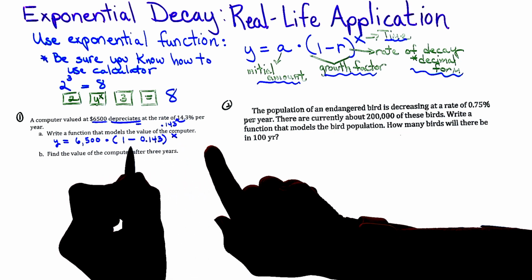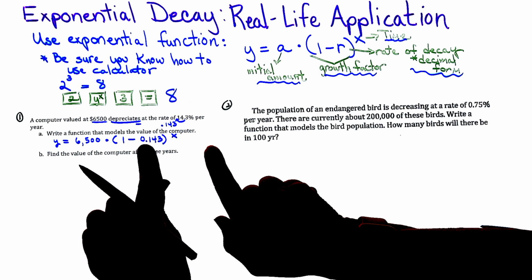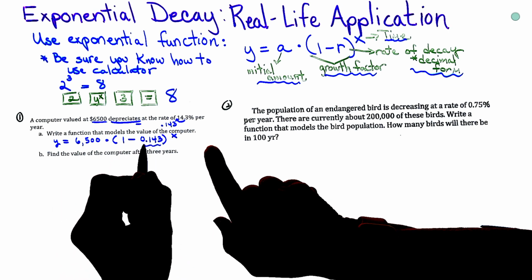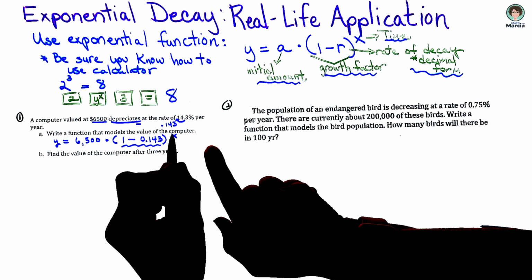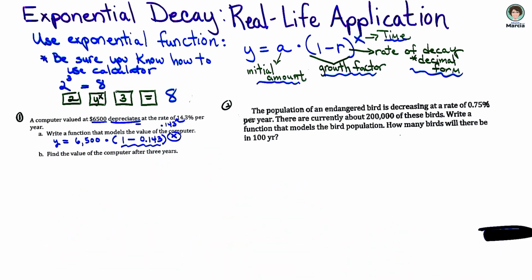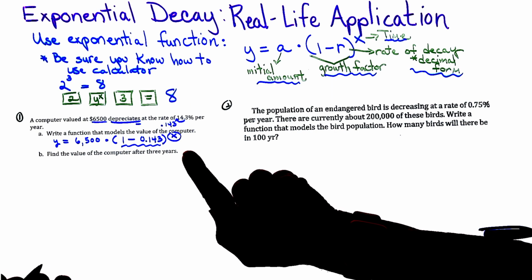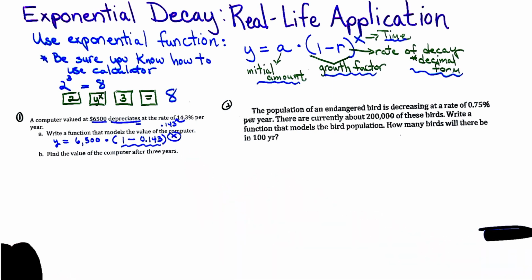Well, without having enough room, I'm going to go ahead and rewrite this down here, and I will simplify this, and I am going to put in my 3 for my 3 years to find out what the value would be at the end of 3 years, because each year it depreciates. The value goes down.